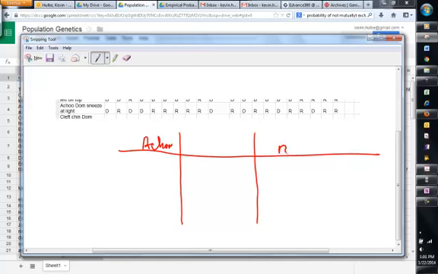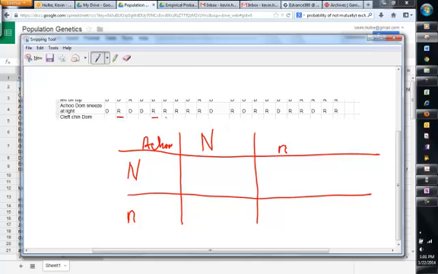We always base our letter on the recessive one. No sneeze is small letter n, and capital N is sneeze. We always start with the recessive trait and count how many recessives there are.